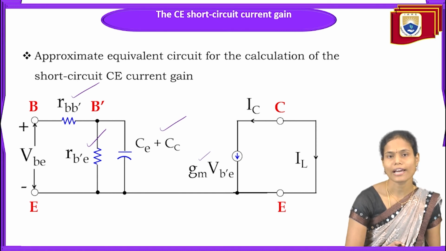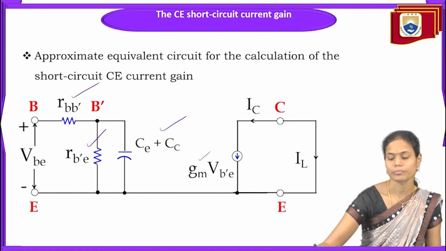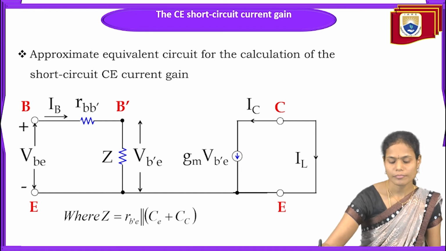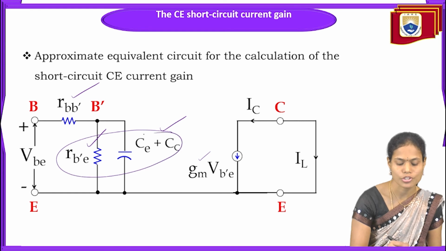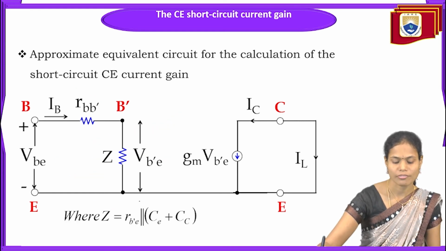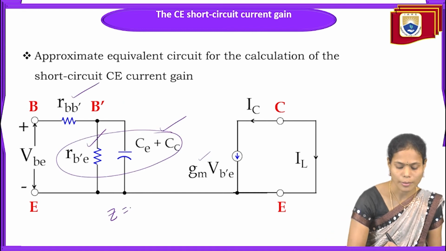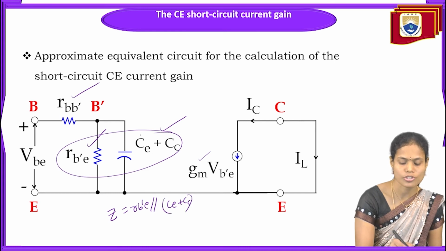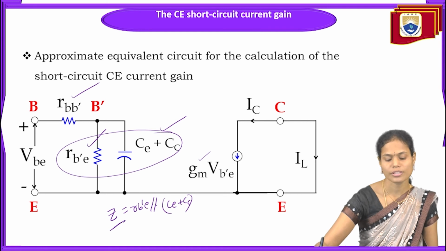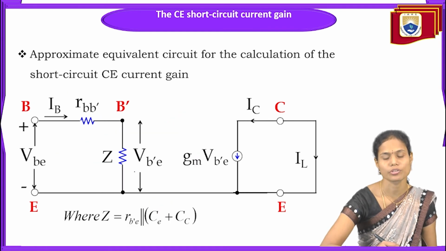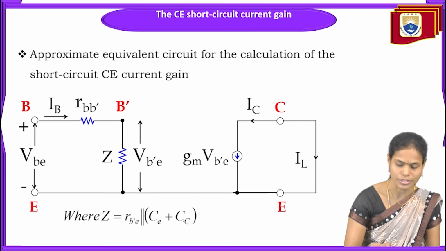So now we need to calculate the current gain value. Again I am taking the parallel combination of these two and indicating it as the impedance Z. That value is RB dash E parallel with CE plus CC. So these two I am representing as a single impedance. In that case we will get this particular circuit where Z equals RB dash E parallel with CE plus CC.